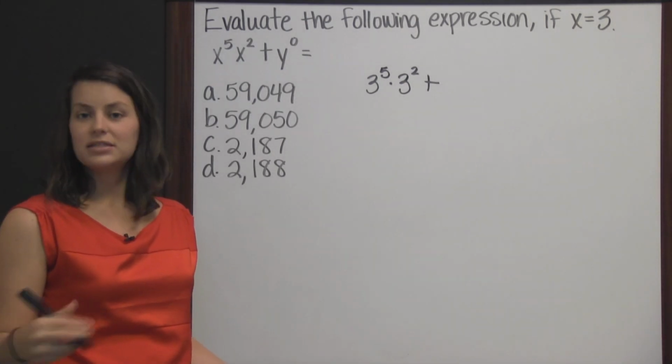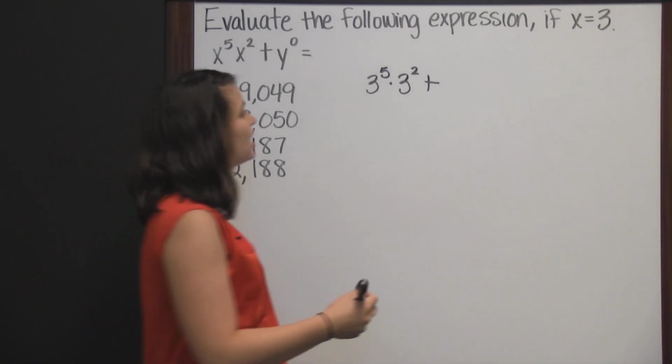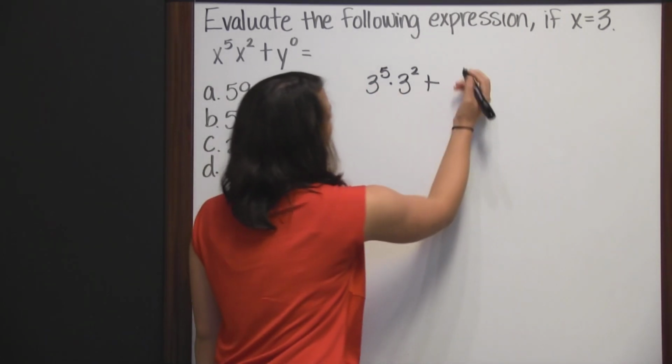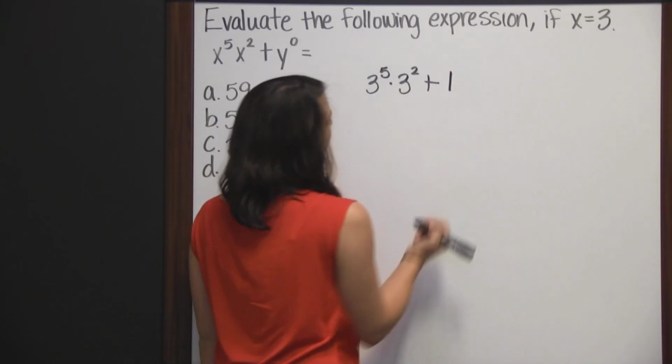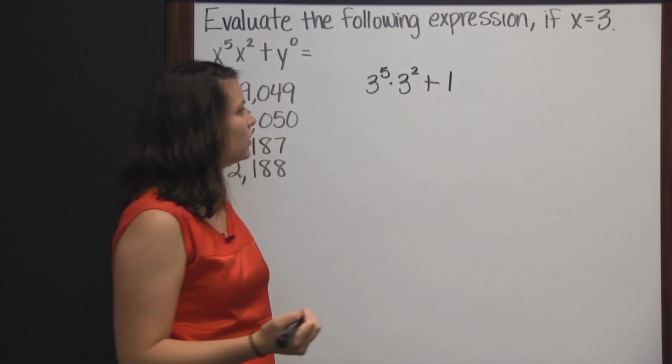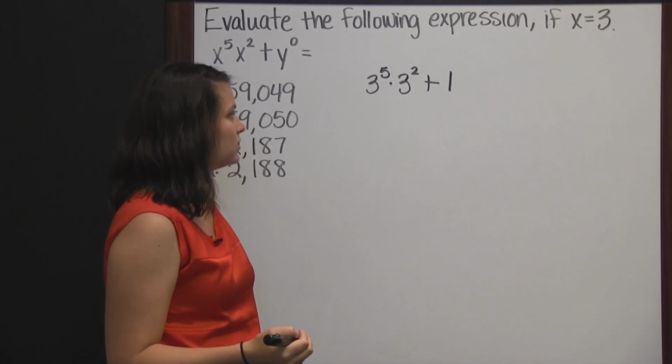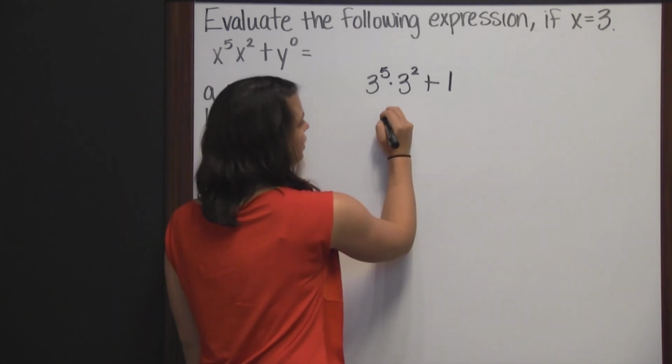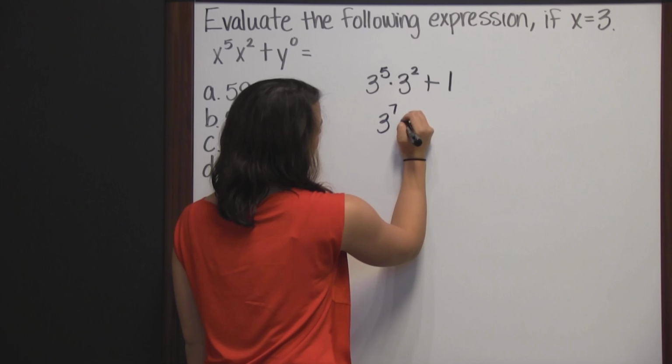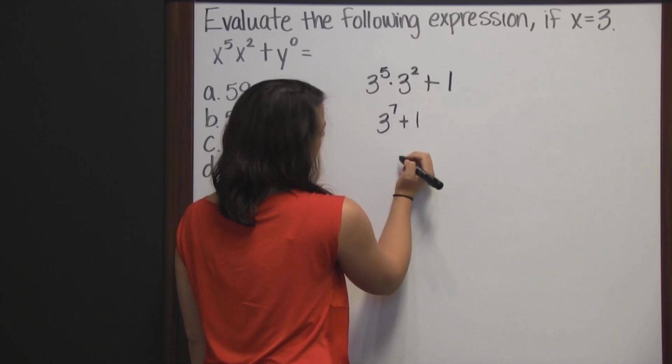Anything raised to the 0 power is 1. So that's plus 1. 3 to the 5th times 3 squared is really 3 to the 7th power plus 1.